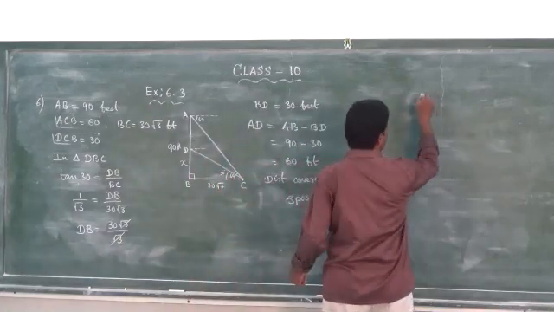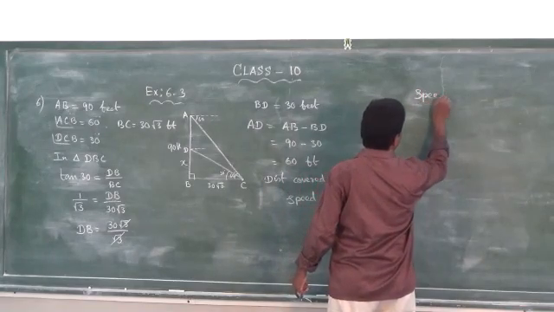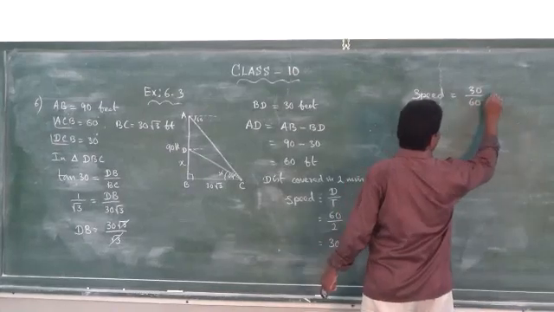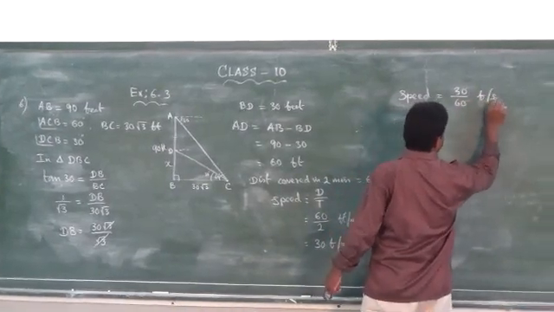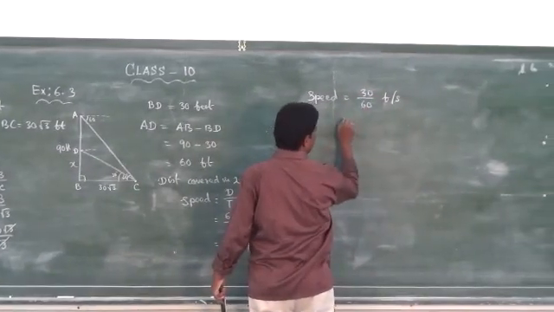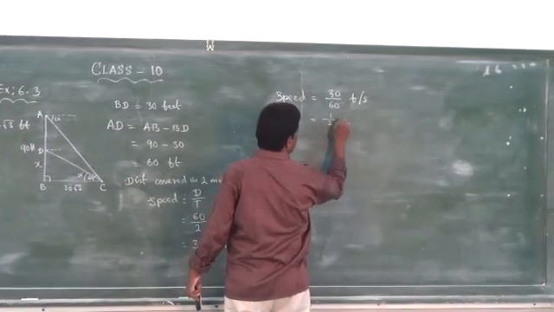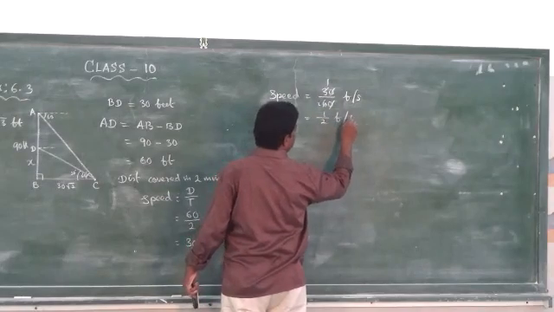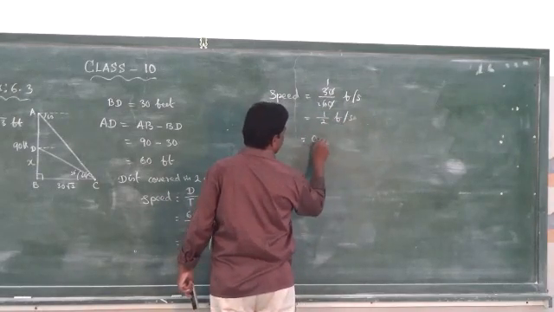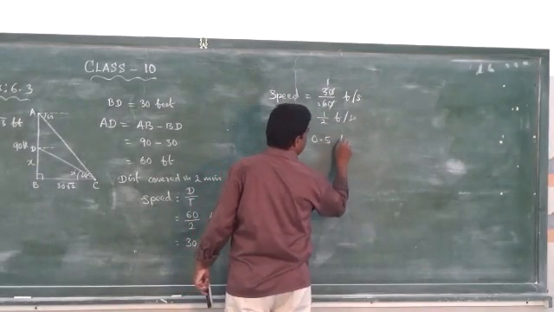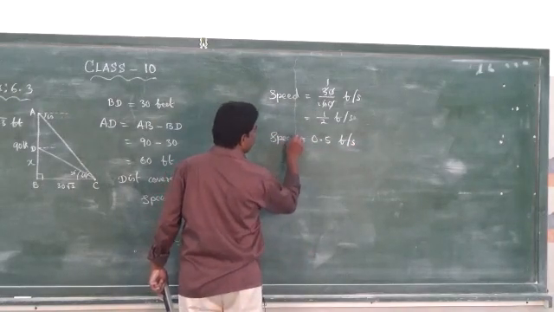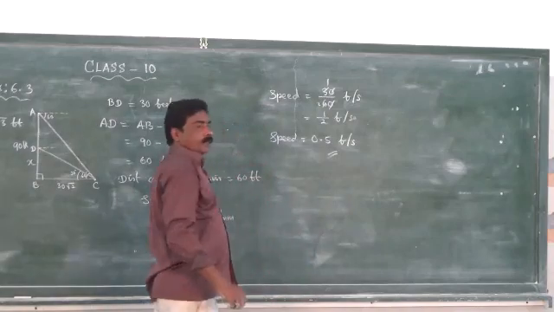Therefore, when you divide by 60, you will get feet per second. So that is 1 by 2, or 0.5 feet per second. So the speed is 0.5 feet per second.